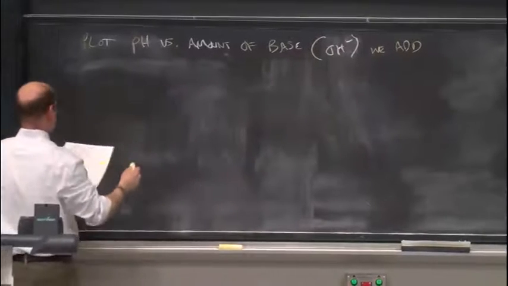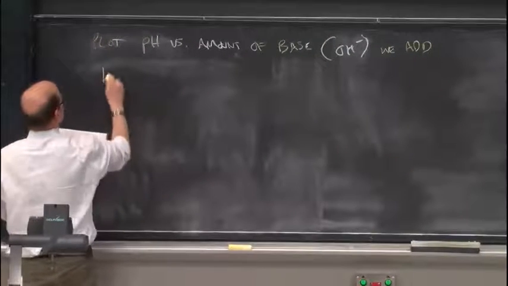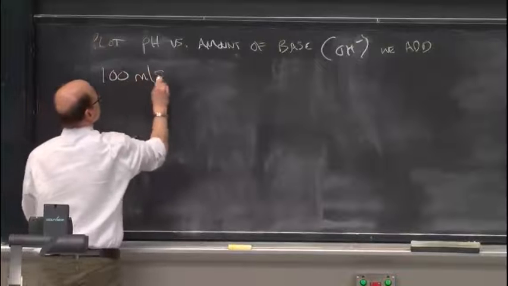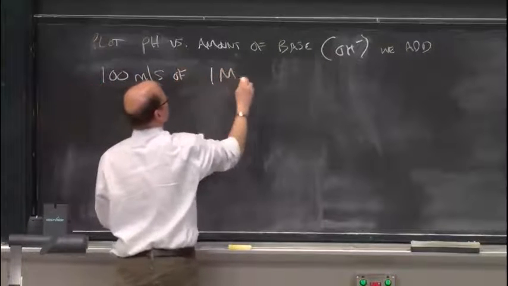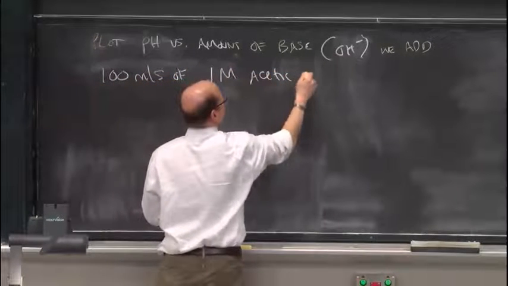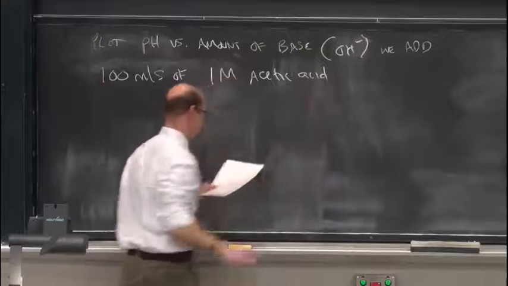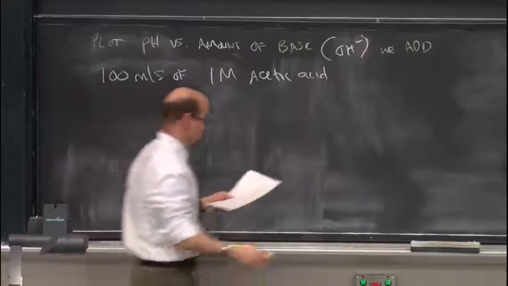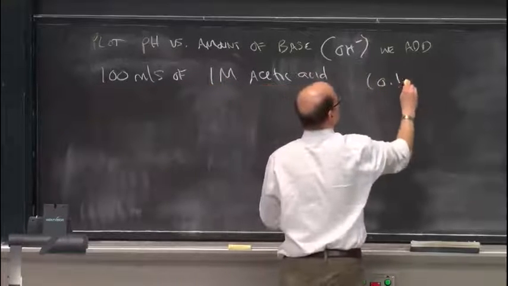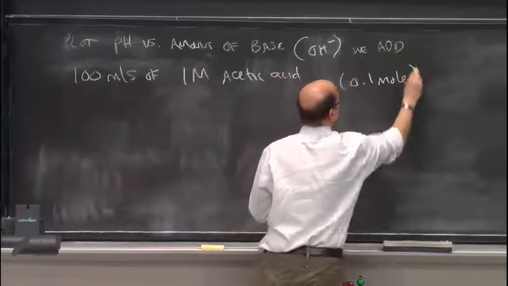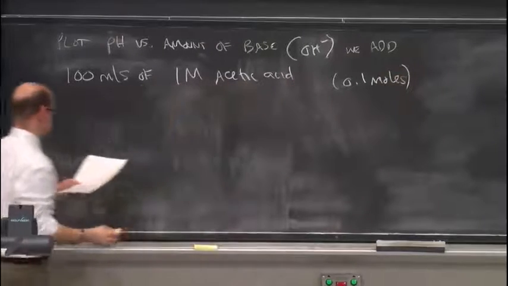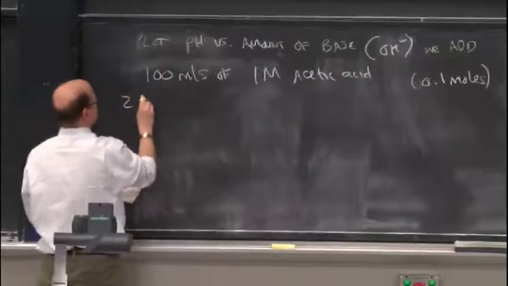Let's consider, for example, 100 mL of 1 molar acetic acid. So we have a total here of 0.1 moles. Now we have two reactions to keep track of.